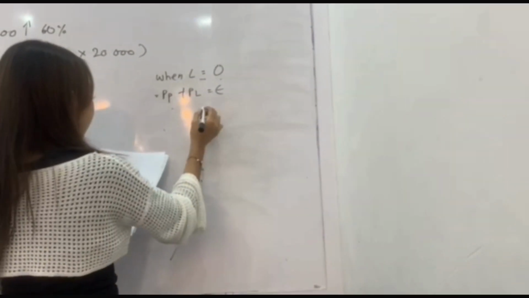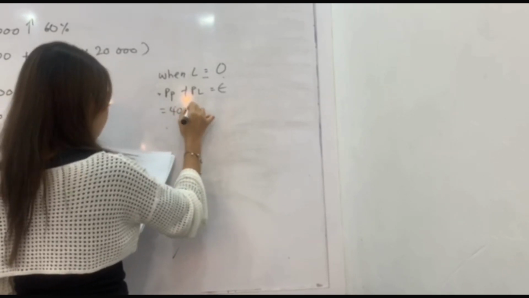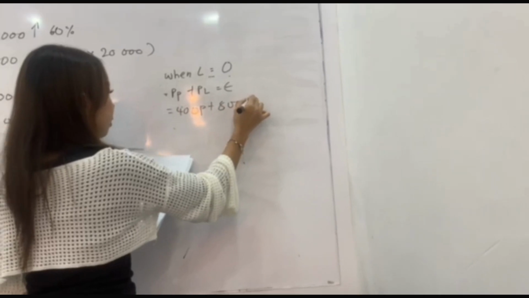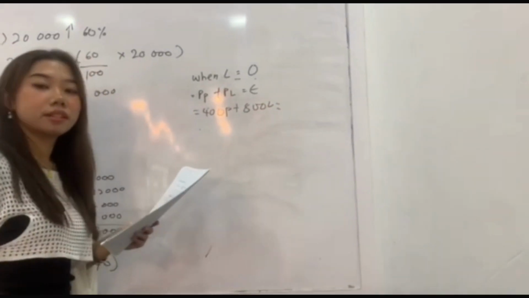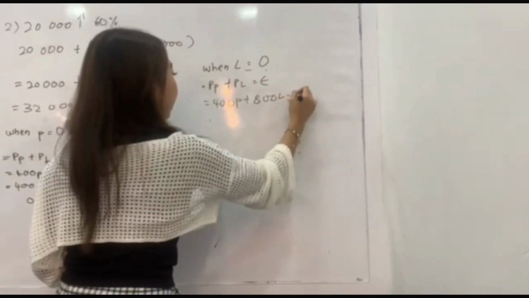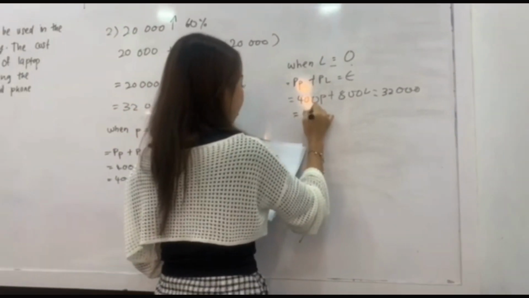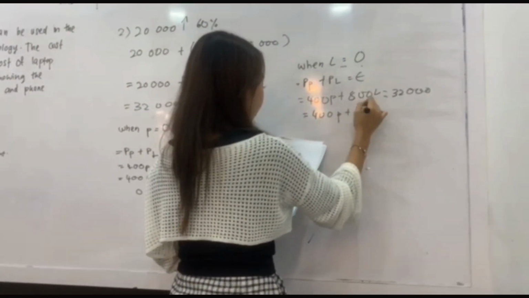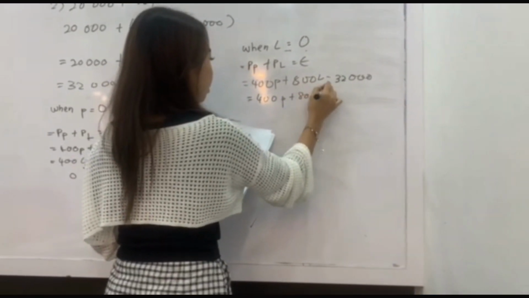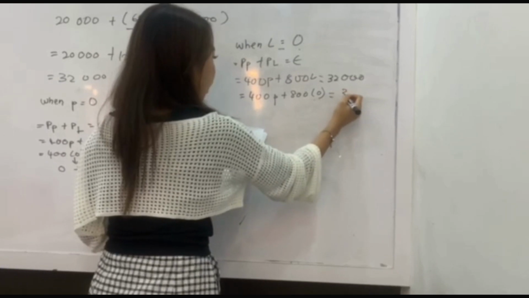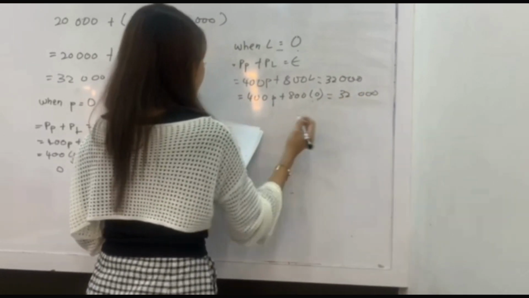So kita turunkan 400P and plus 800L. So we get 32,000. 400P plus 800(0) in bracket, we get 32,000.